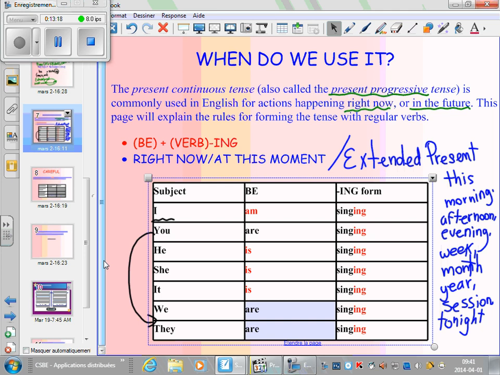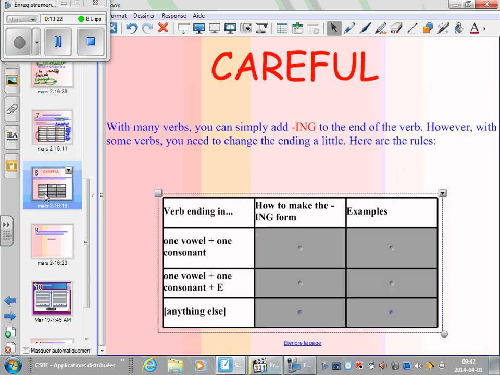So can I go to the next page? Yes? Okay. Careful. With many verbs, you can simply add ing to the end of the verb. However, with some verbs, you need to change the ending a little bit using what I like to call the CVC rule.